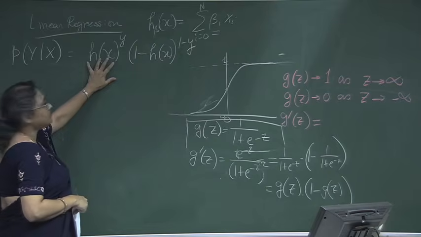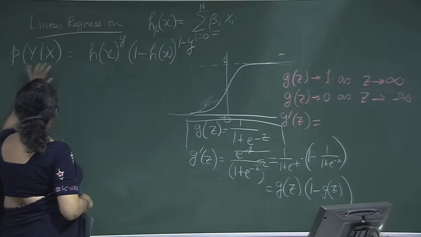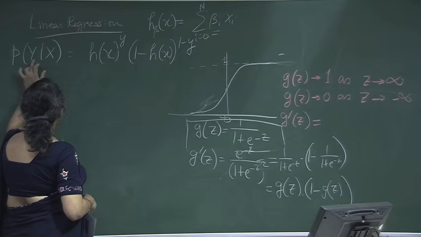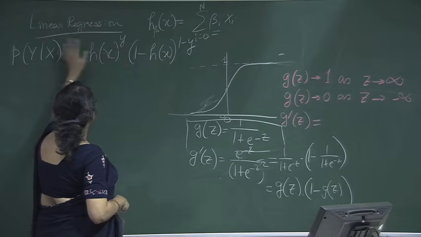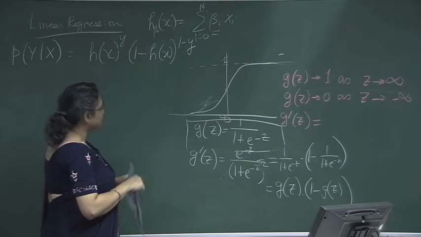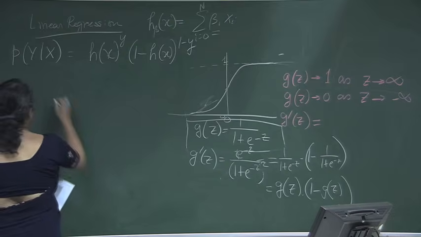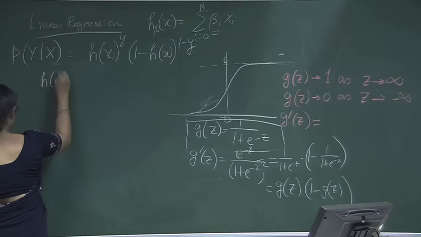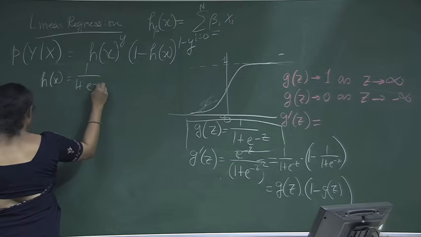So, we have h(x) if y equal to 1, and the probability of y equal to 0 given x is, here y is 0 and 1 minus y is 1, so we have 1 minus h(x). And h(x), as we have seen, is equal to 1 by 1 plus e to the power minus beta transpose x.